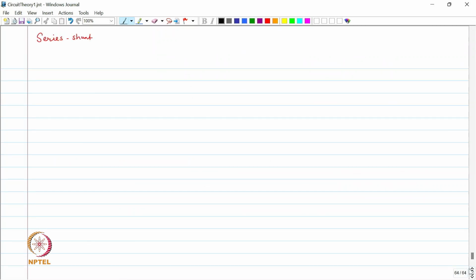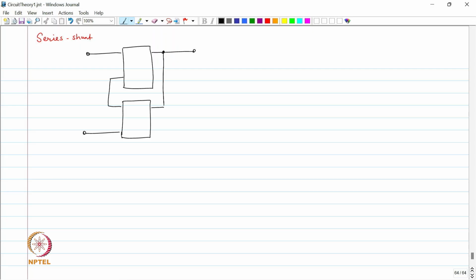Next, we are doing the series shunt topology, and series shunt means port 1 they are in series and port 2 they are in shunt.